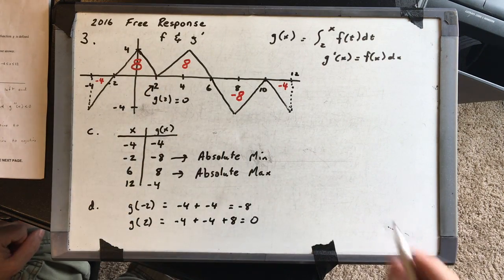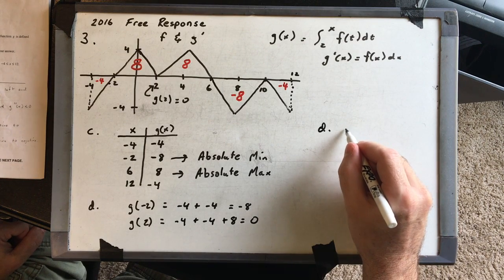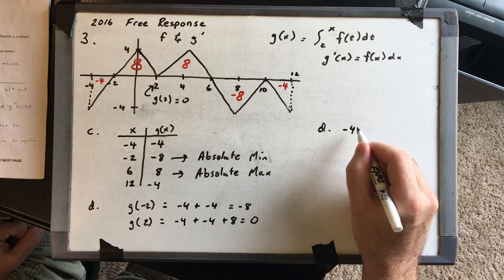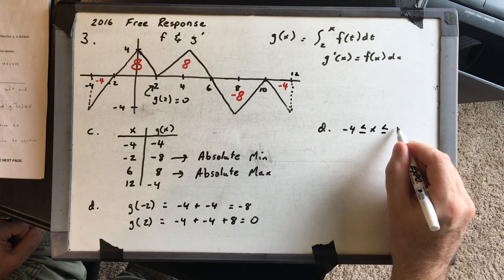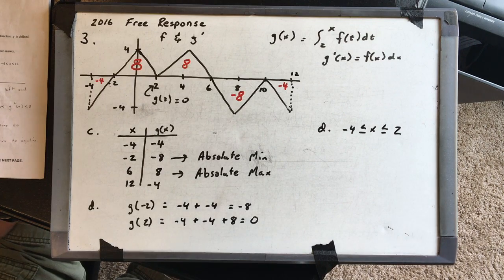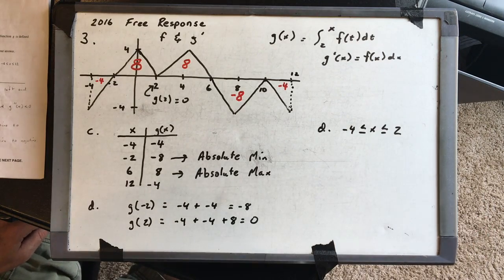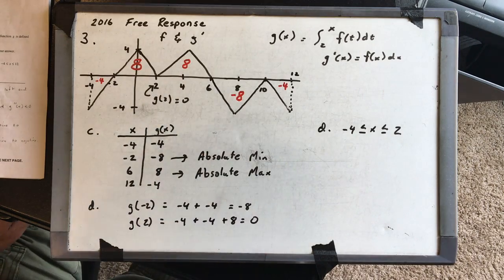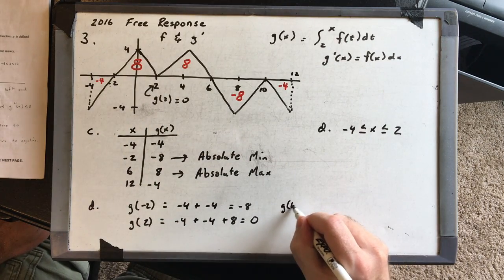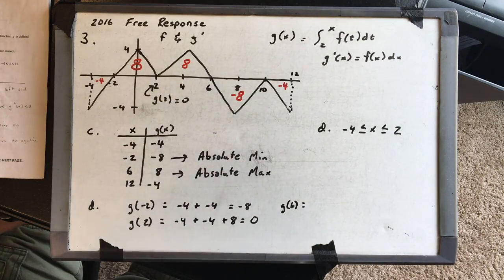So your first interval, still on D, is between negative 4 and 2. It said less than or equal to 0, so that's why I've got less than or equal to 0 here. Then we get to positive numbers. Let's look at g of 6. It's going to be the 0 that you start at 2 plus another 8.